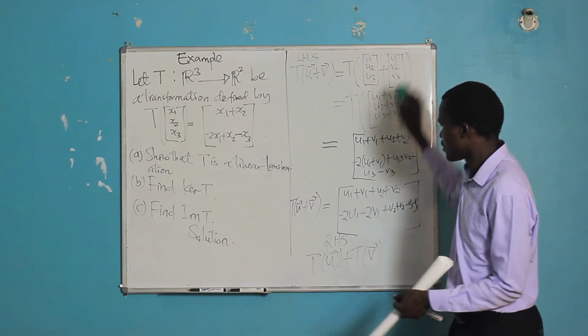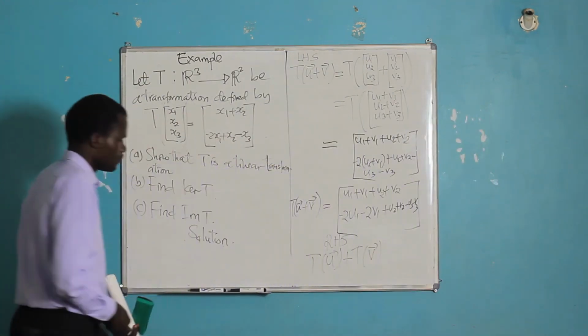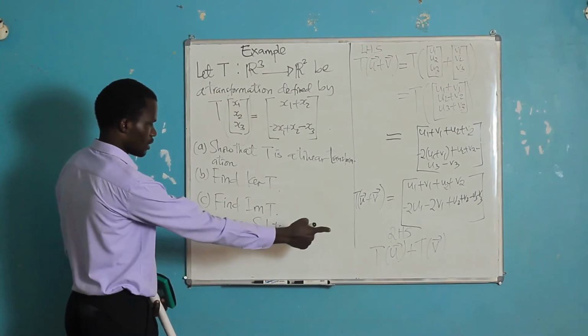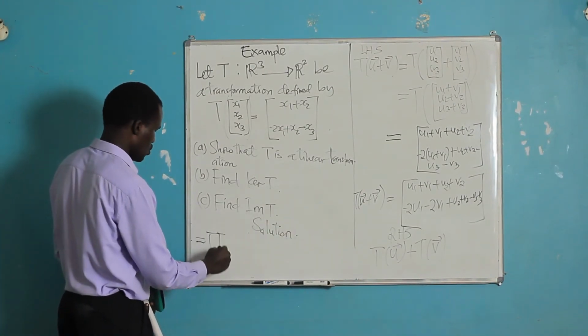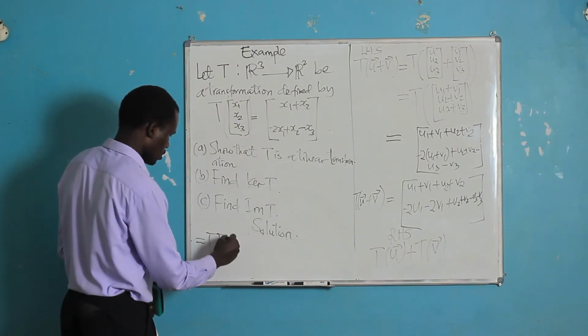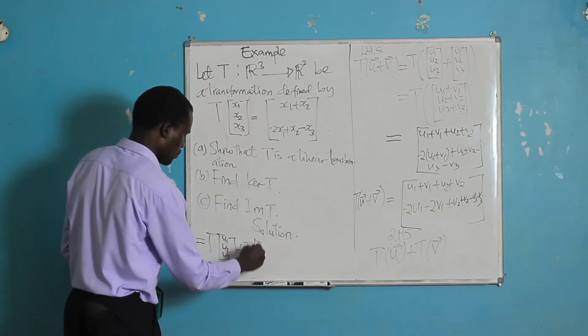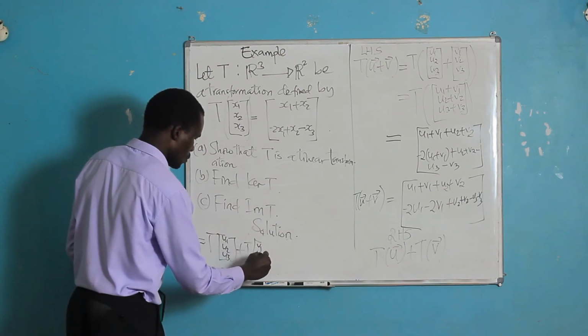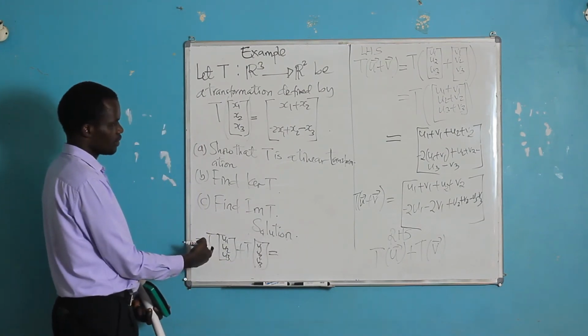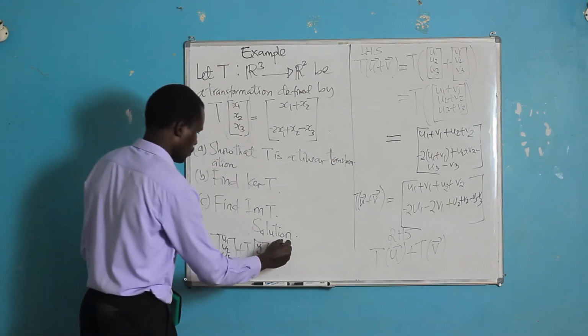So referring from there, we have T of u1, u2, u3 plus T of v1, v2, v3. Now, remember, we find the definition here.